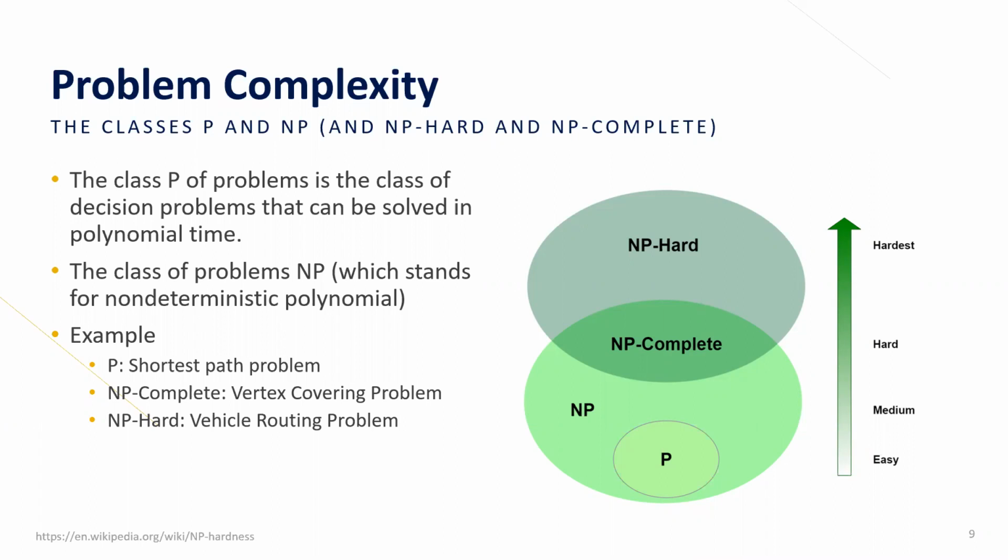So for some cases it is easier to solve compared to NP hard. For NP hard, normally there is no available or proven algorithm that is able to solve it to optimality, even for special cases. That's why it belongs to NP hard. I hope this can give you a little bit of introduction about problem complexity.